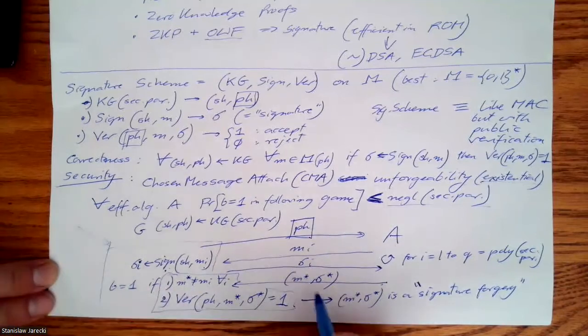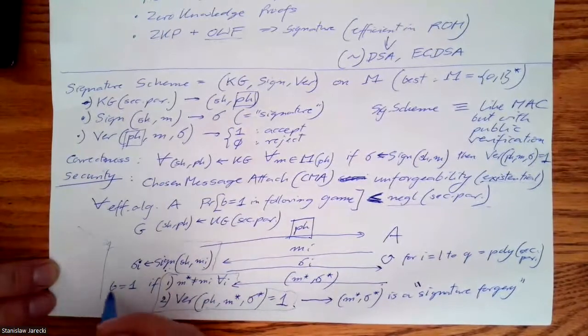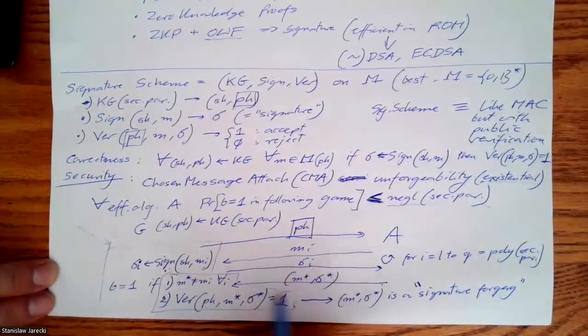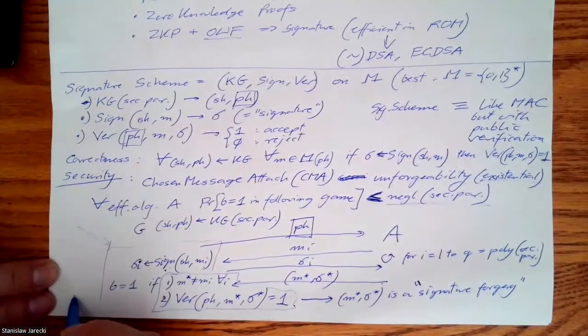So the reduction will somehow translate this into: if you could forge, then the only way to create forgeries is to compute discrete logarithms, say. So the reduction, given the forgery, will be able to compute the discrete logarithm of some challenge.